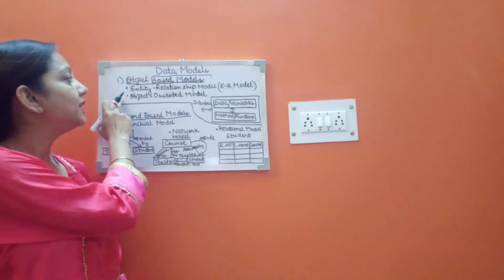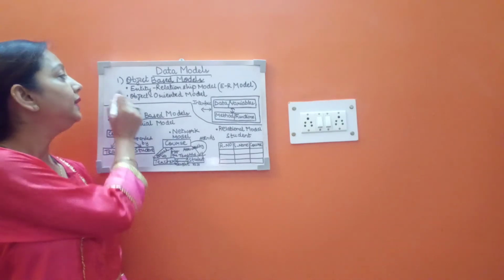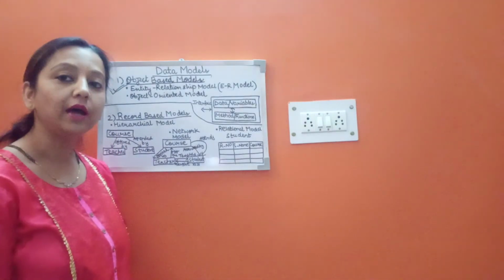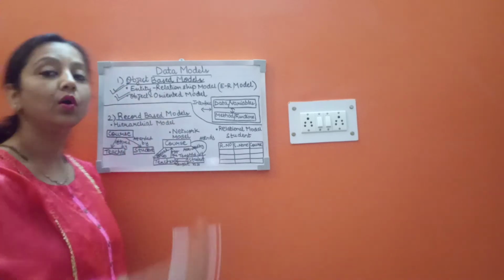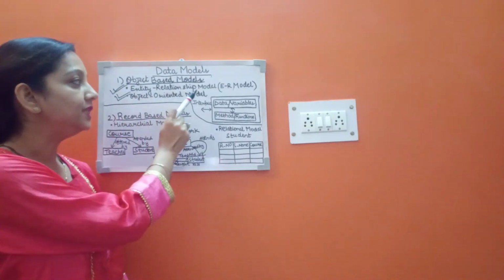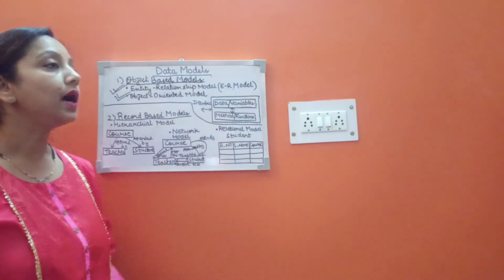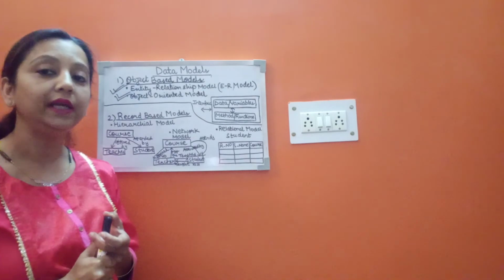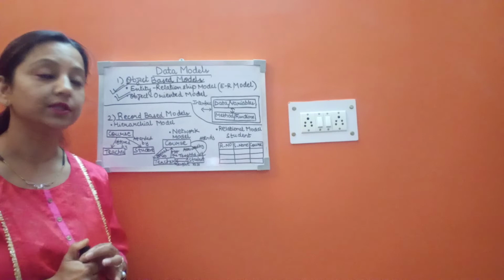The object based model further contains two different types of models: the entity relationship model or the ER model and the object oriented model. Now first we will start with the entity relationship model or the ER model. The ER model is the most important and the most widely used model in a database management system.